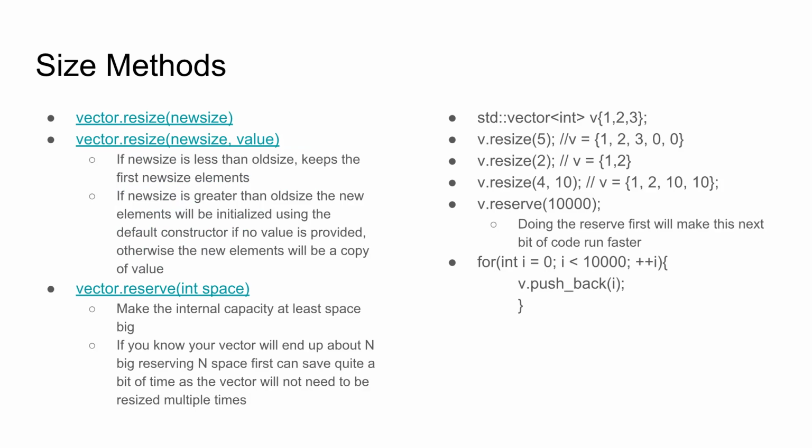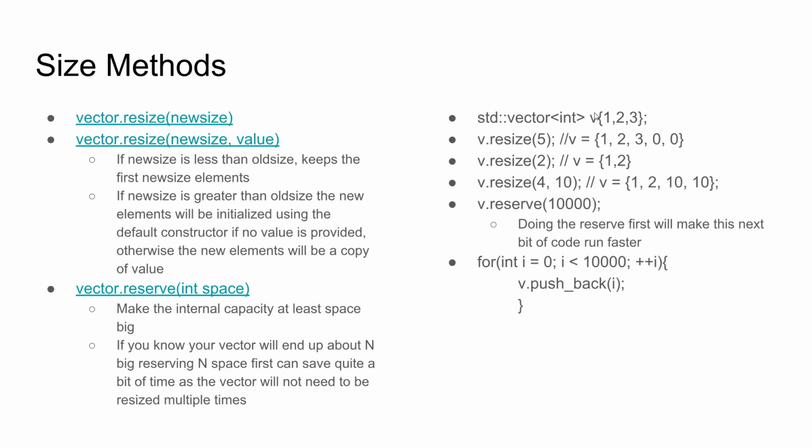There are some size methods, so you can resize your vector. You can also say resize and then provide a value. If new size is less than old size, we're only going to keep the first new size elements. If new size is greater than the old size, the elements that we're going to add will be default constructed if no value is provided, or they will be initialized to whatever value we set.